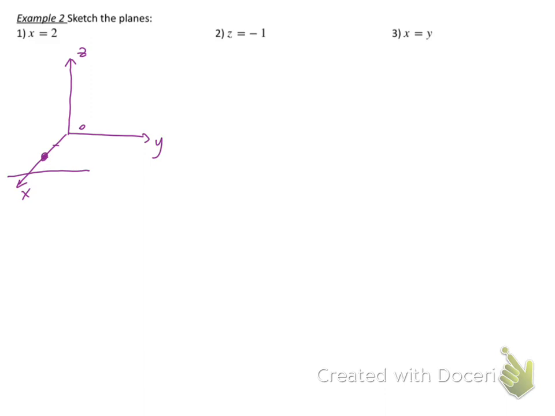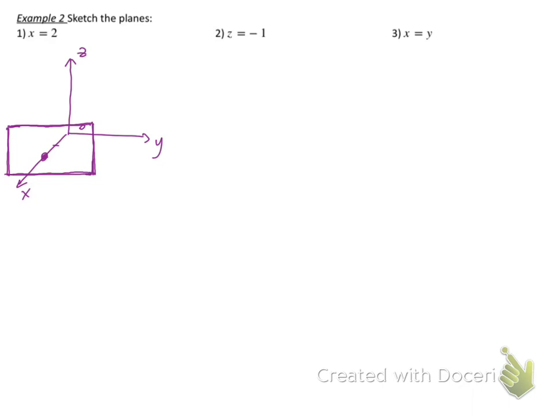So you are going to make a parallelogram, in this particular case a rectangle, containing the point. But it's so hard to do it on an iPad. So you're using a parallelogram where two sides are parallel to the y-axis and the other two sides are parallel to the z-axis, because this plane is parallel to the yz plane.